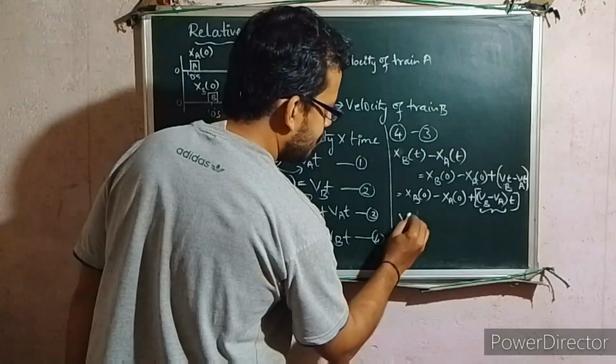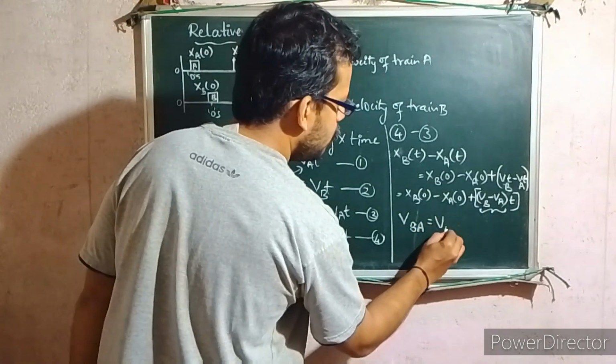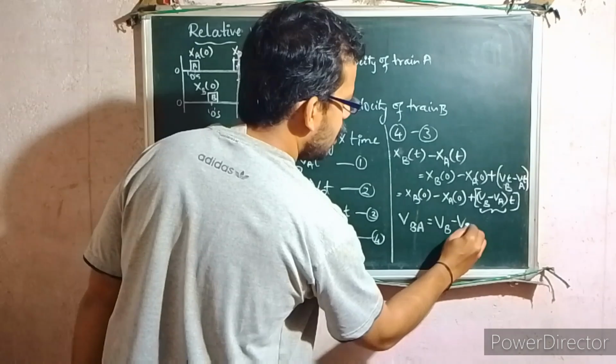So I will write VBA equal to VB minus VA.